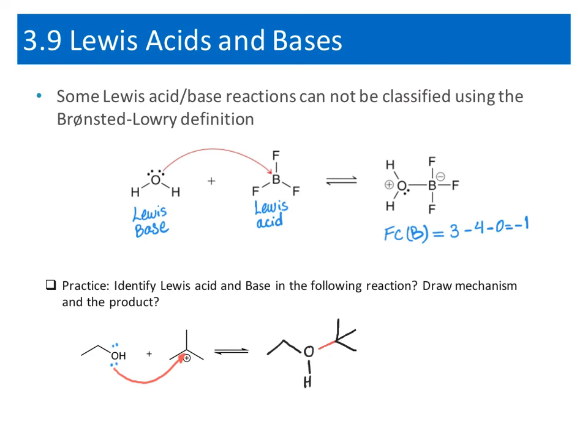So just number these carbons. Doesn't matter which is 1, which is 2, 3. Just want to show you, hopefully you can track what's happening. Now in the product, don't forget oxygen has a lone pair and 3 bonds, so it is positively charged.